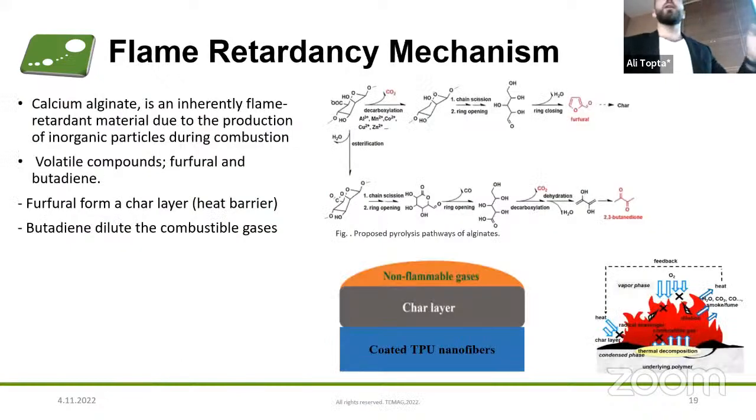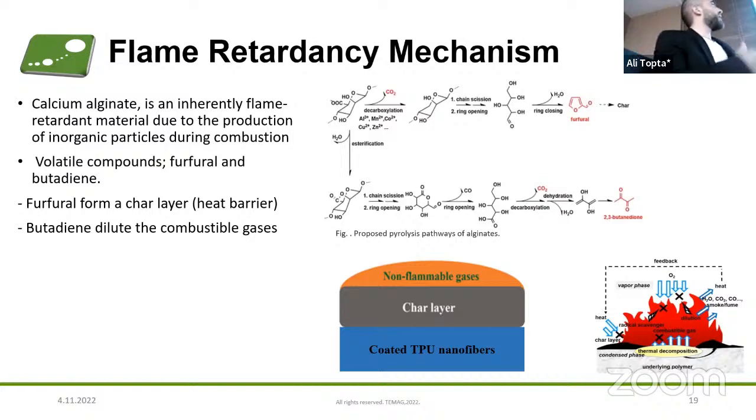So the mechanism: sodium alginate or calcium alginate mainly follows two pathways in the formation of volatile compounds. The first one forms furfural. This one makes the char layer.